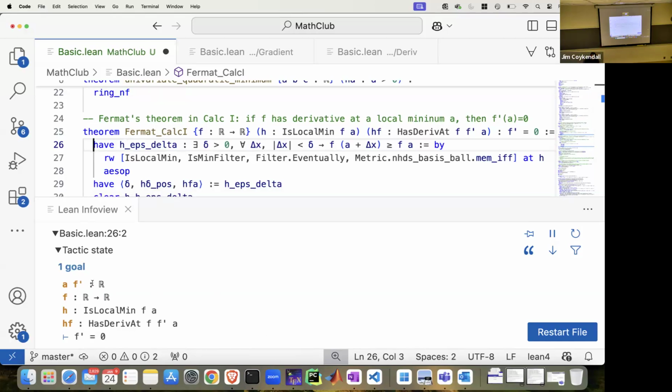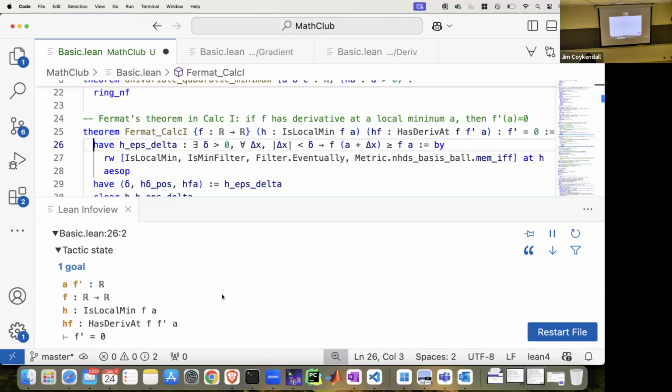All we need to show is the following. Given this statement: we have a univariate, single-variable function, and we have a point a. We have the derivative at a, which we call f prime. So f prime should actually be f prime of a, obviously.